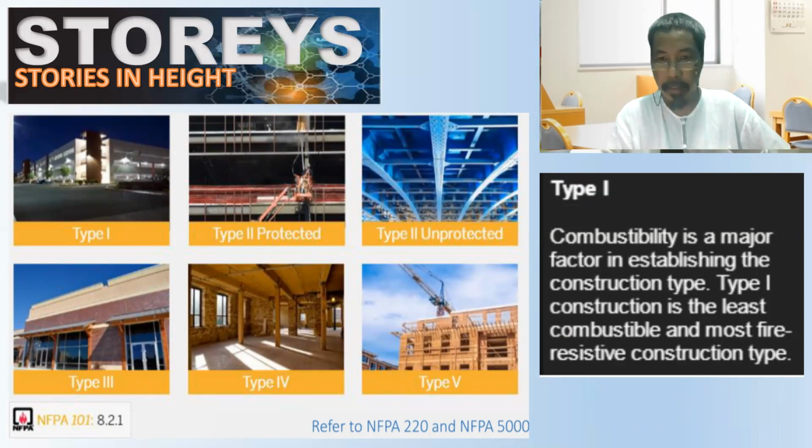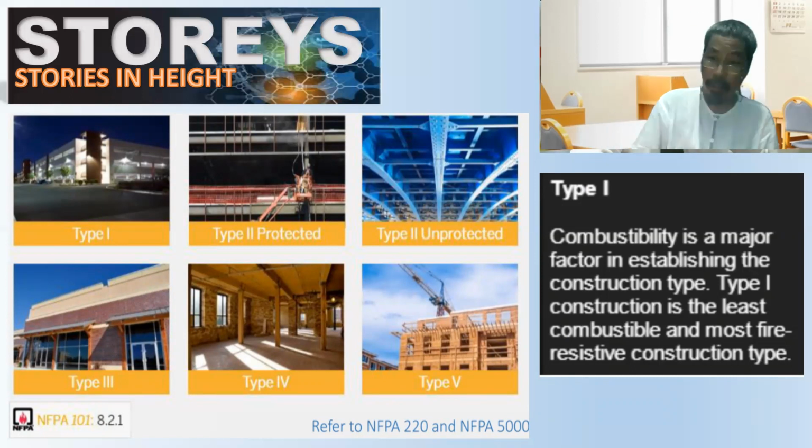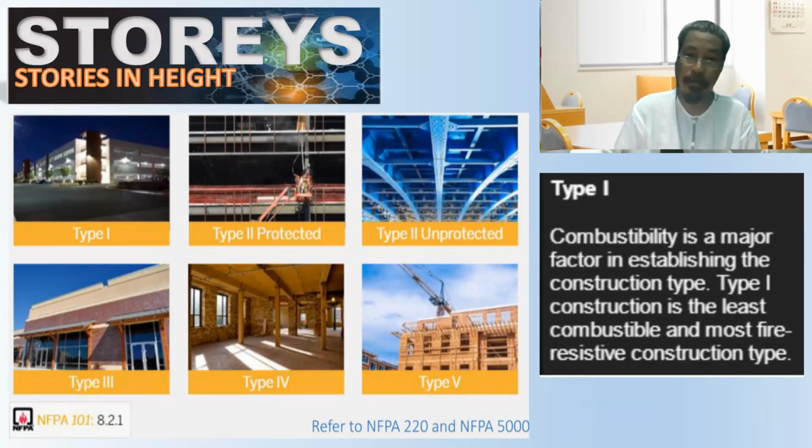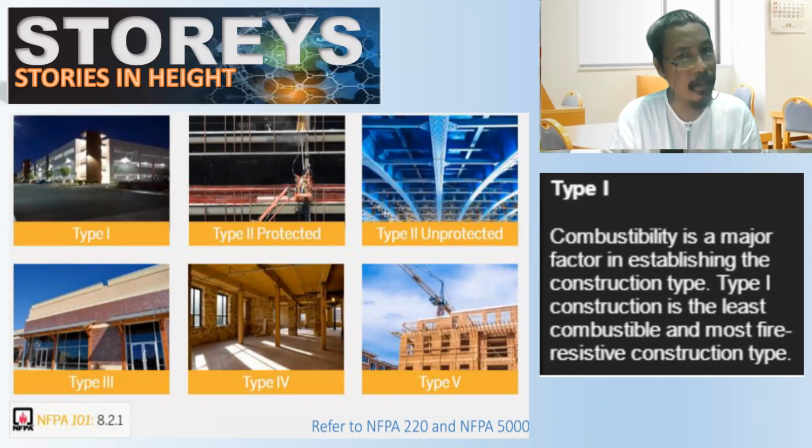Starting from Type 1, it is a type wherein combustibility is a major factor in establishing the construction type. Type 1 construction is the least combustible and most fire-resistive construction type. So the type of construction is the most resistive. Which material do you think is the most resistive?